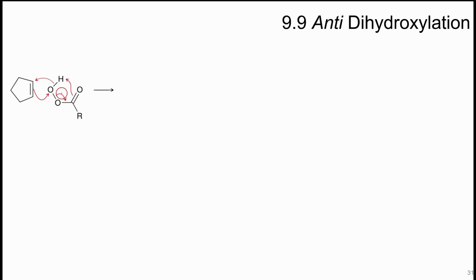In the mechanism here, which you do not need to know, the alkene will attack the oxygen of the peroxy acid. This electron pair comes in to form a double bond. This one grabs the hydrogen. These electrons go onto there. So I'm going to draw the transition state.